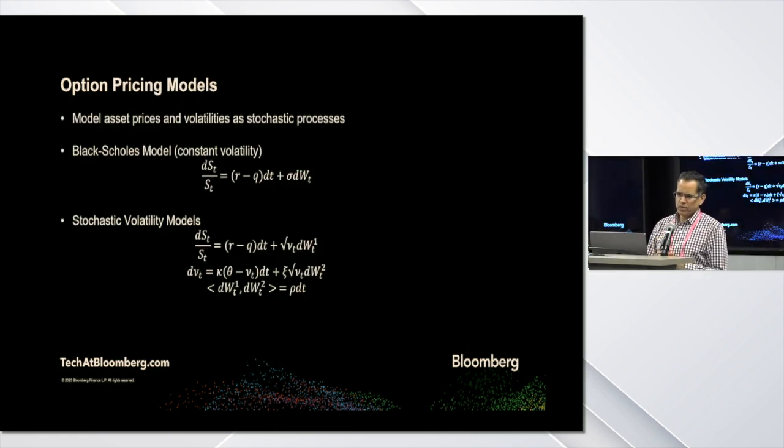Let's now quickly look at the option pricing models. We'll not go into detail, this is a very complex topic. The main idea here is we want to model the asset prices as stochastic processes in continuous time. So you need to have some knowledge of stochastic calculus to model the dynamics of these asset prices. So here I'm showing the SDE, or the stochastic differential equation, for Black-Scholes.